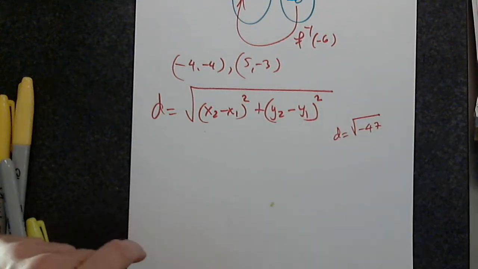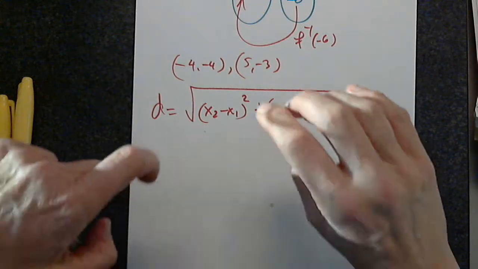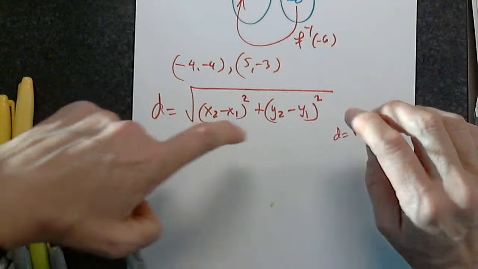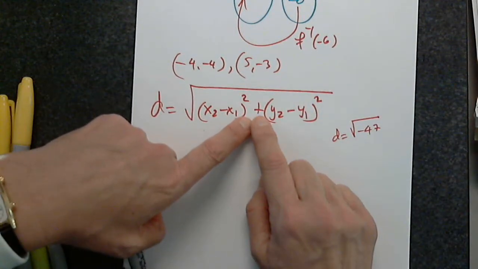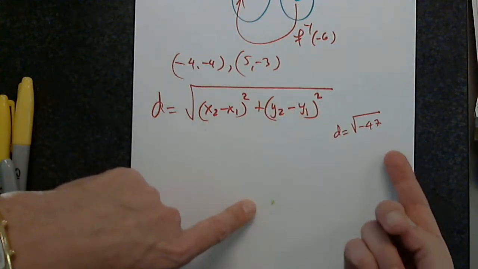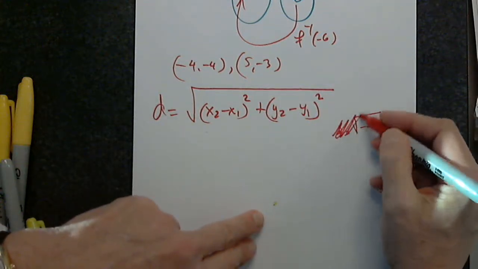The distance equals the square root of -47, correct? Why? Because this is what type of number? Because it's squared. Positive. This is what type of number? Because it's squared. And we're adding two positive numbers. There is no way by adding two positive numbers we get a negative number under the square root. Agreed? Okay.